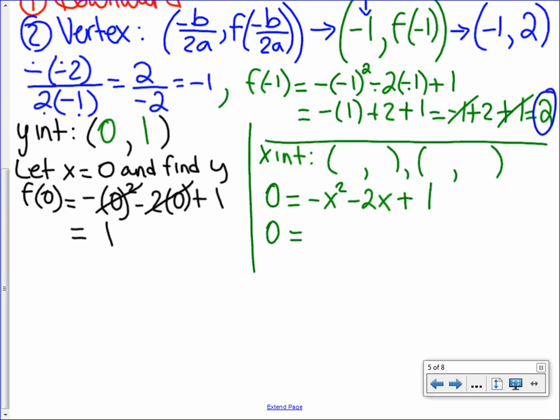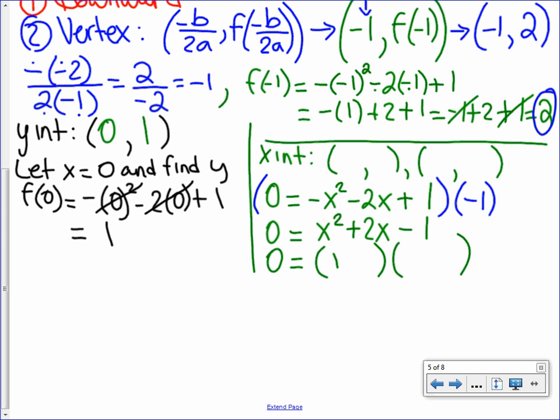Could we do that? Yes. As long as we do it to both sides. What is 0 times negative 1? Still 0. What is negative x squared times negative 1? x squared. What is negative 2 times negative 1? Positive 2x. And what is positive 1 times negative 1? Negative 1. Now let's see if we could factor this one.